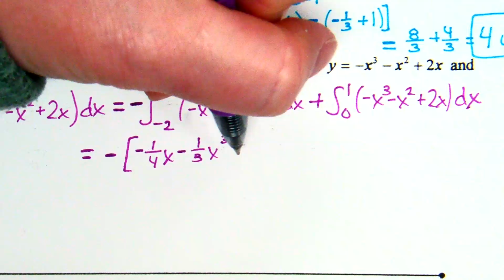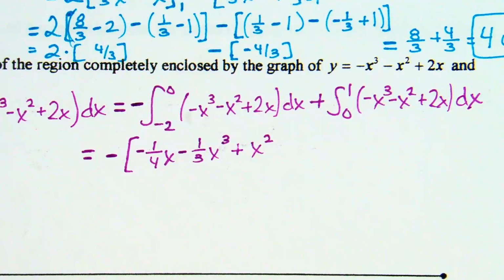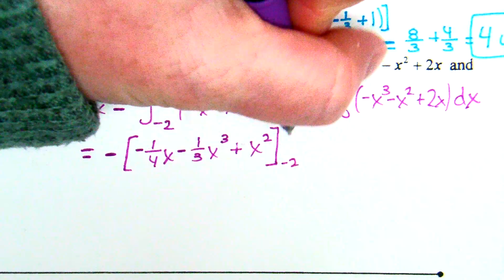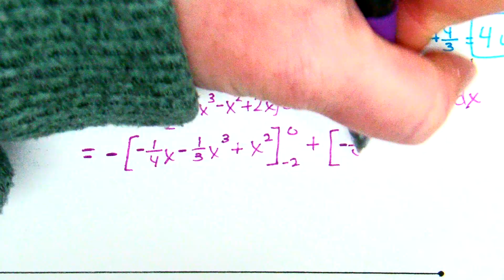I'm fine with either way. Integral of 2x: you add 1 to the power, it's x², you divide that, so it just becomes x². First time it's going to be evaluated from -2 to 0. And then plus, you don't have to integrate again, but next time it's going to be evaluated.